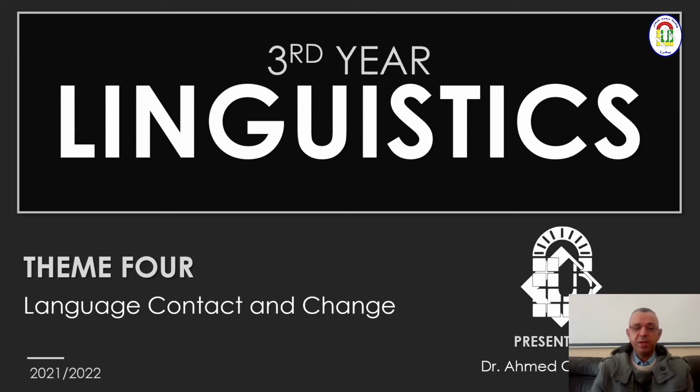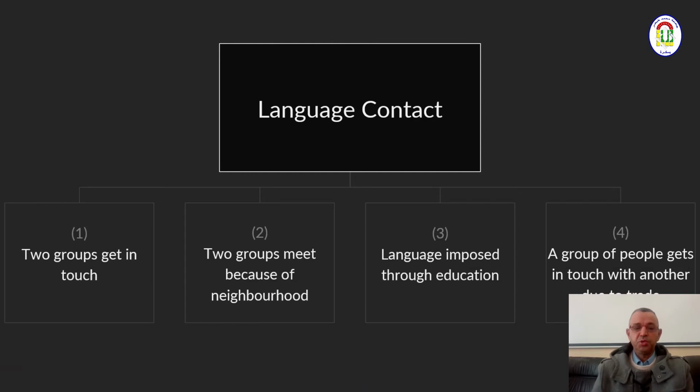Language contact and change usually arises when two groups get in touch, or meet because of neighborhood, or because a group of people gets in touch with another group through trade. That means we are talking about groups of people speaking two different languages.